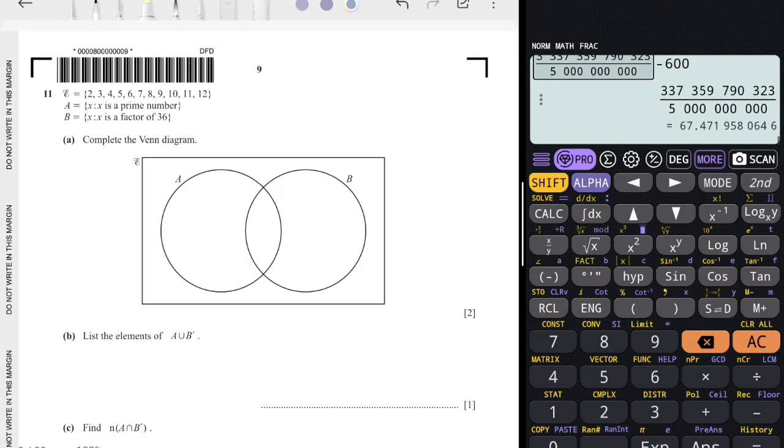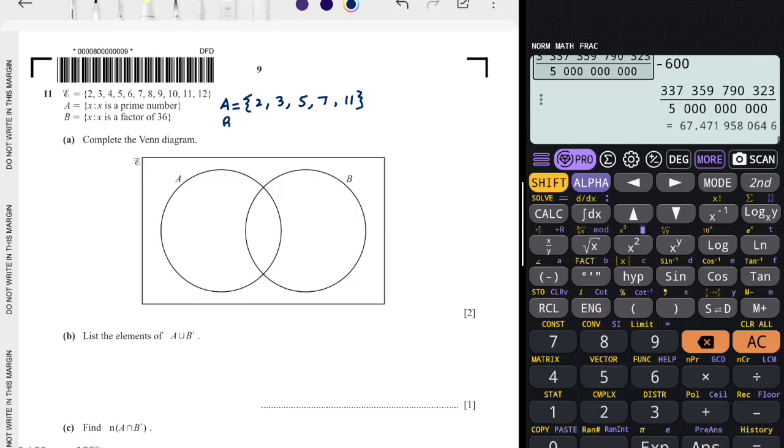Number 11. The universal set is given, that is 2, 3, 4, 5, 6, 7, 8, 9, 10, 11, 12, and set A has elements that are prime numbers, so we have to write all prime numbers from the universal set. That will be 2, 3, 5, 7, then 11.